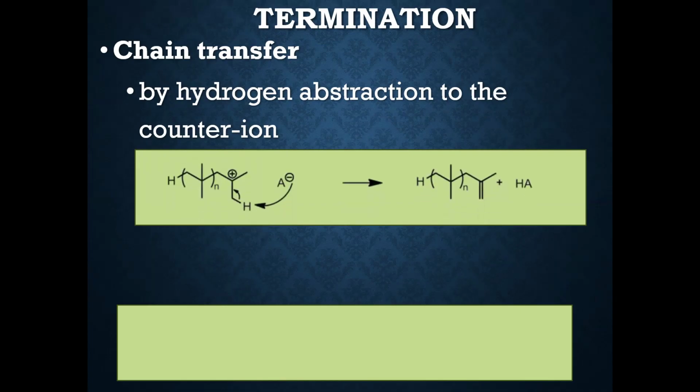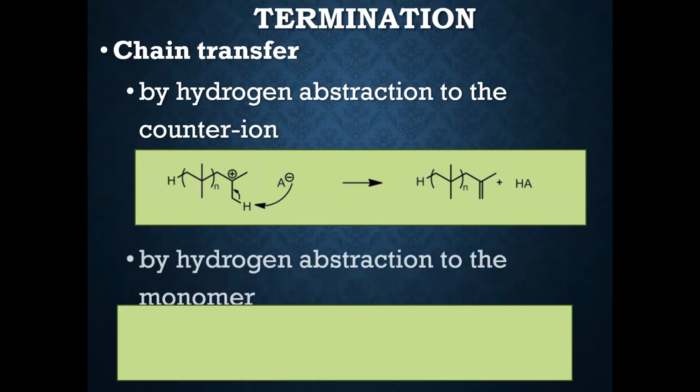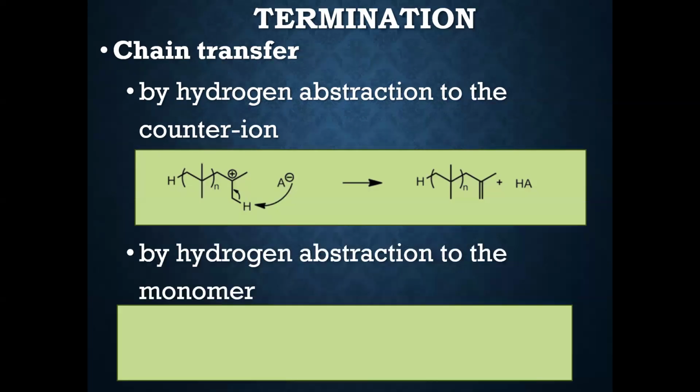After propagation, termination will take place. We have many ways of termination. One of them is chain transfer. This chain transfer happens by hydrogen abstraction to the counter ion. So we have a positive charge.